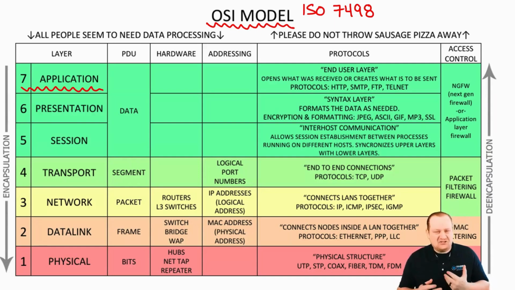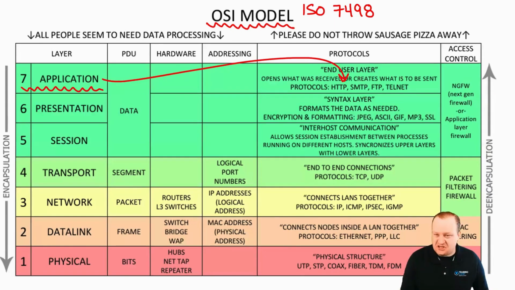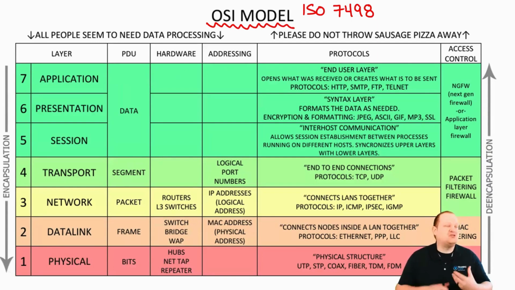So, like my web browser, let's say Firefox, will use the language HTTP to communicate with a web server. HTTP, the hypertext transfer protocol, is the language of web traffic, and my web browser would use that language to send messages to a web server.